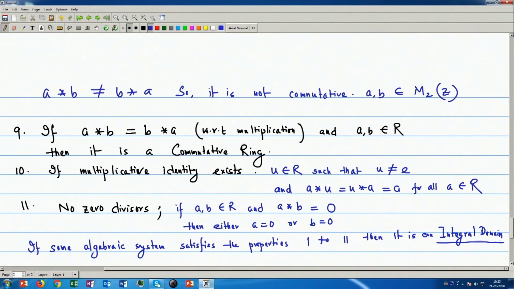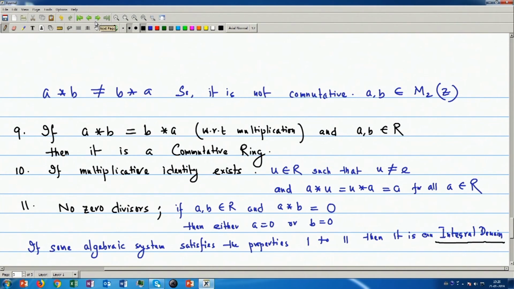That means, over the properties of a ring, we can add the properties of commutativity with respect to multiplication, then multiplicative identity exists, and no zero divisors, and this is called an integral domain.